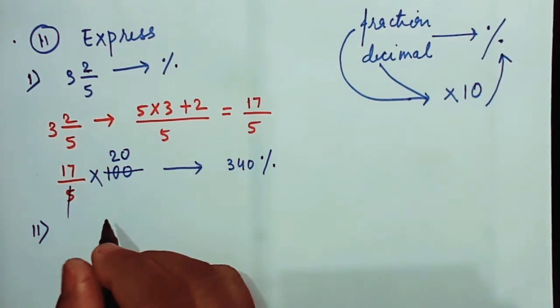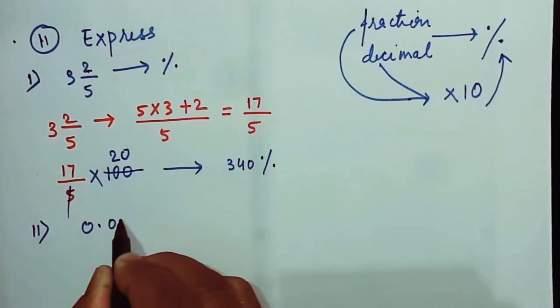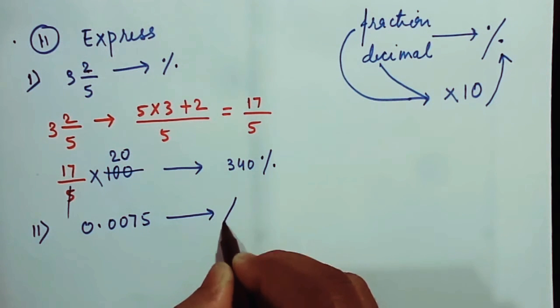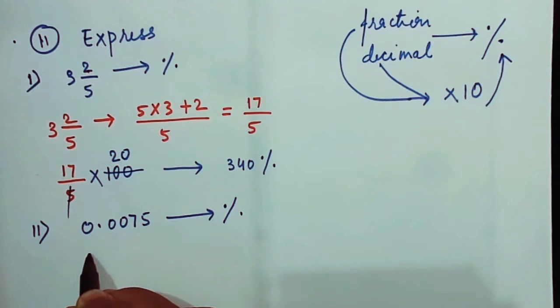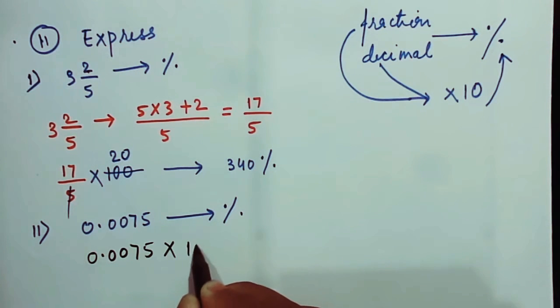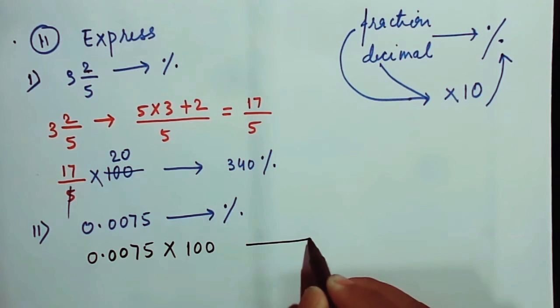Similarly, you have a number, for example 0.0075, and you need to change this into percentage, and once again what is to be done is 0.0075 should be multiplied by 100 to give you your value in percentage.